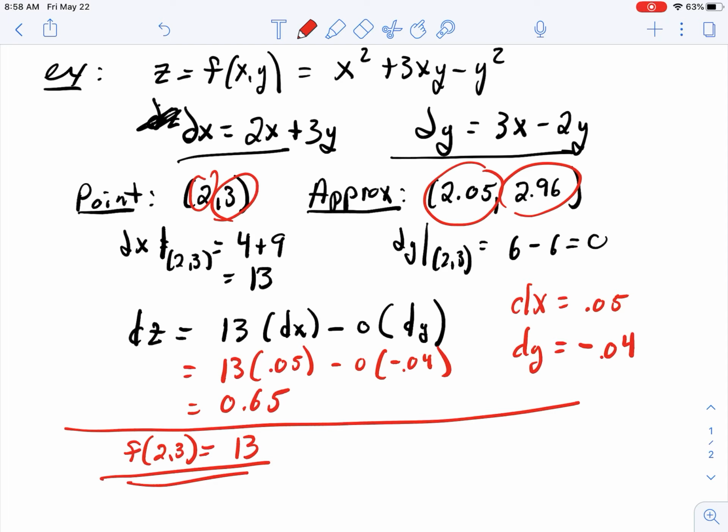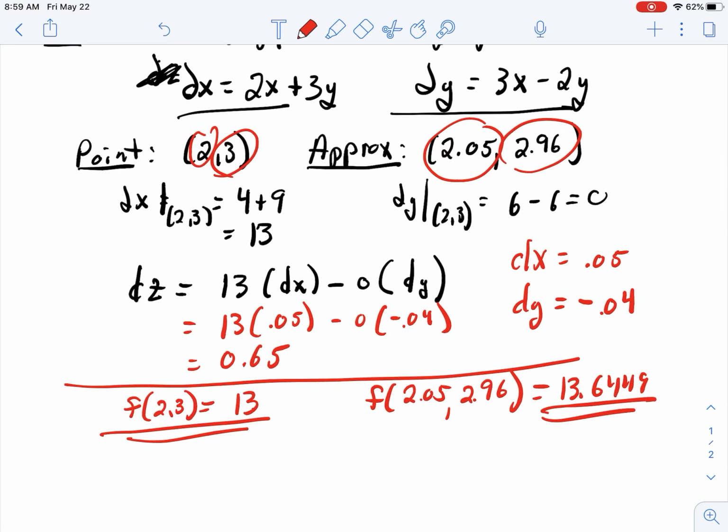Now, if I plug 2.05 comma 2.96 into the actual function, I would get 13.6449.